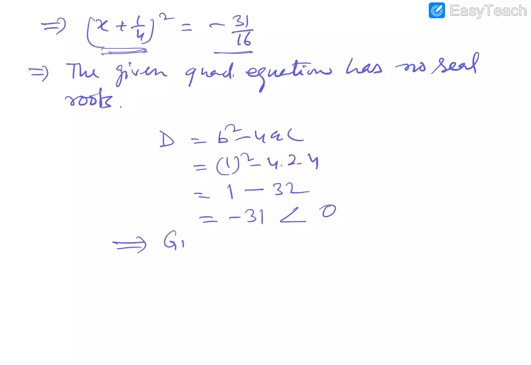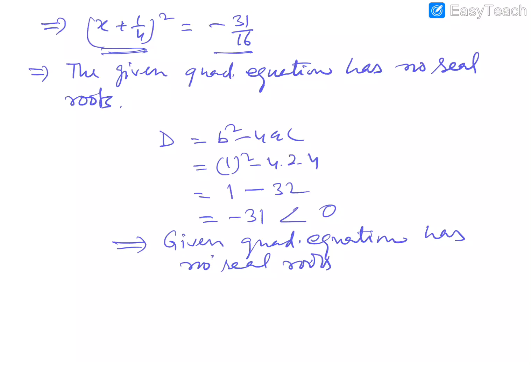This implies that given quadratic equation has no real roots. The same has also been verified by finding out the roots, which gives here x plus 1 by 4 is equal to plus minus 31 by 16, no real value.